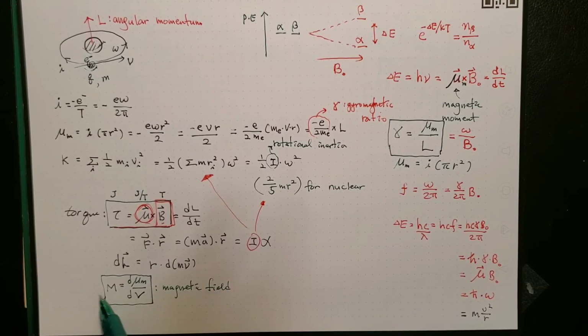And also, if you can measure magnetization of a certain object or certain area, if you multiply that by the volume, then that's how much magnetic momentum you have in that area.